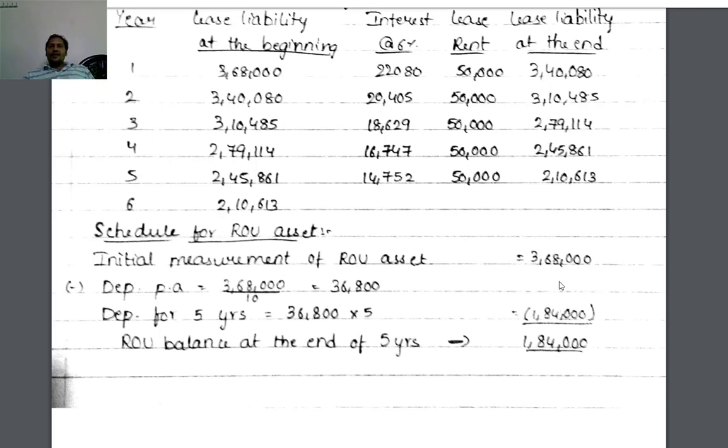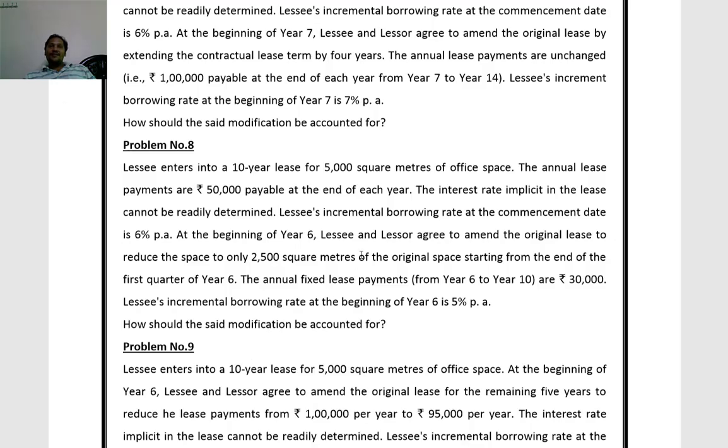Remaining balance 1,84,000 is the ROU balance at the end of 5 years. So the lease liability balance at the end of 5 years is 2,10,613, and the ROU balance is 1,84,000. Now we will go back to the question.